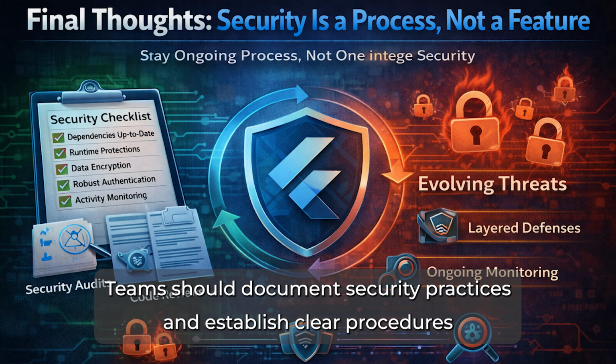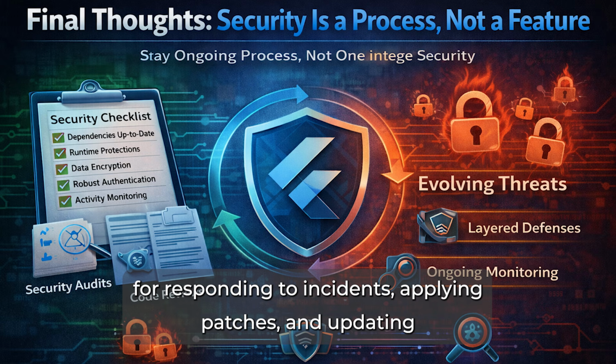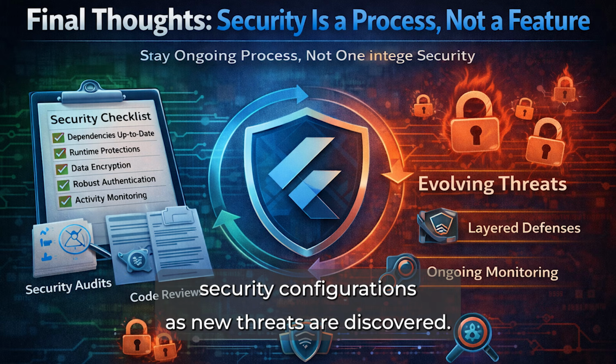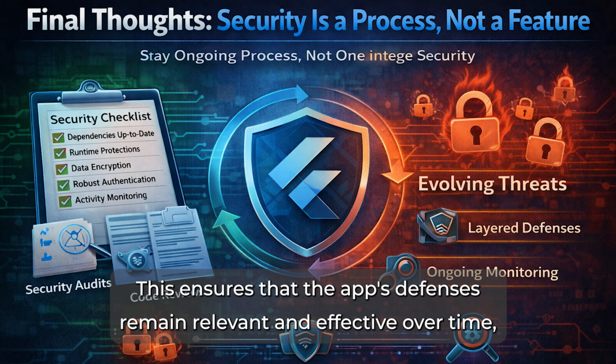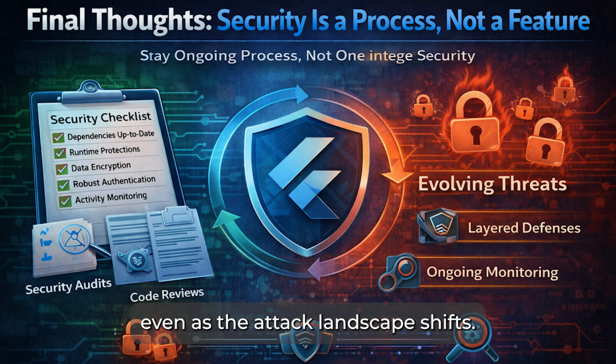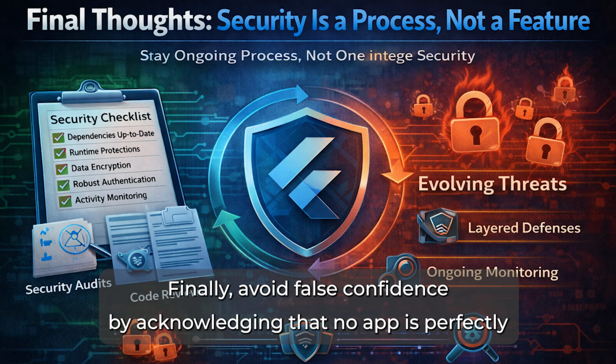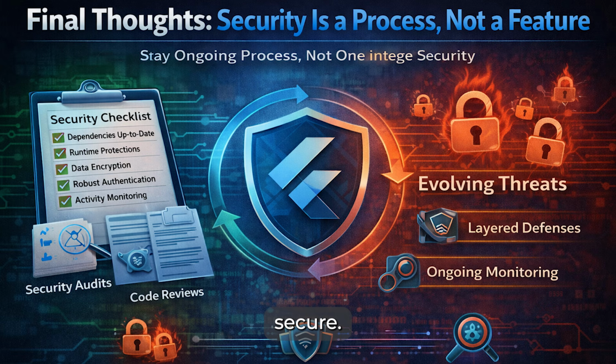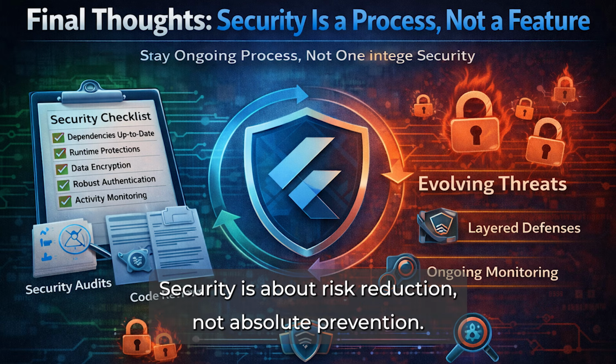Teams should document security practices and establish clear procedures for responding to incidents, applying patches, and updating security configurations as new threats are discovered. This ensures that the app's defenses remain relevant and effective over time, even as the attack landscape shifts. Finally, avoid false confidence by acknowledging that no app is perfectly secure. Security is about risk reduction, not absolute prevention.